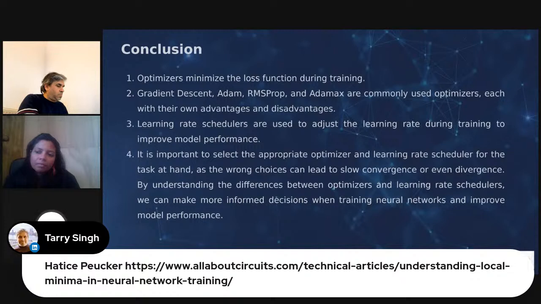It is important to select an appropriate optimizer and learning rate scheduler for any task, and wrong choices might lead to slow convergence or even divergence. So you have to understand the key workings of these optimizers and learning rate schedulers so that you can reach the global minima, which is your objective. So yeah, that's it.